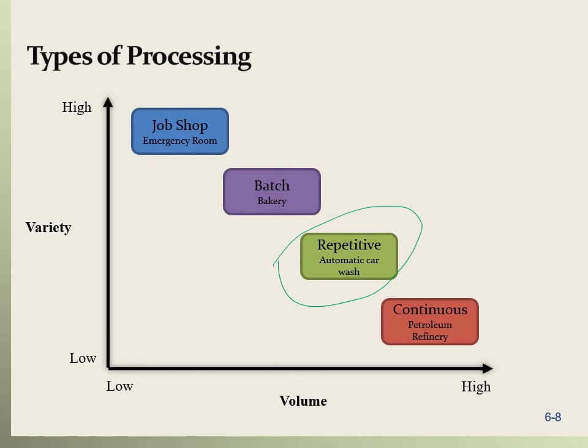And in terms of volume after continuous, it's second. So with repetitive or assembly line, you're more capable of producing higher volume than batch and job shop. And at the end of this spectrum, we have the continuous, which is at the very end of volume. So it has the highest volume production and also the lowest variety capability here.